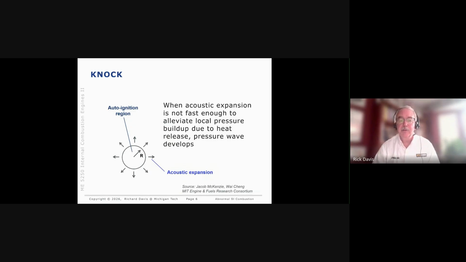Under knocking conditions, the heat release rate is fast enough that there's not time for that acoustic expansion to occur. And so you actually end up with a very high pressure spike locally where the N gas auto ignition occurs. And that ends up setting up oscillating pressure waves across the combustion chamber that induces mechanical vibration in the engine structure. And that mechanical vibration is what we hear as knock.